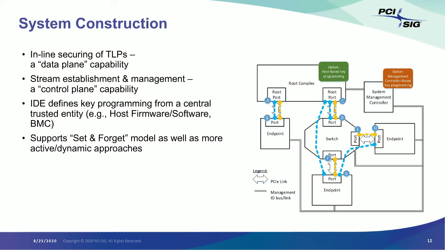And what we're illustrating here is that the same model that exists for authentication and measurement supports cases where the management mechanism is associated with the host and implemented as a part of the system software in the root complex. Could be firmware, could be OS, could be VMM. And that's what's shown here with the green box on the root complex.